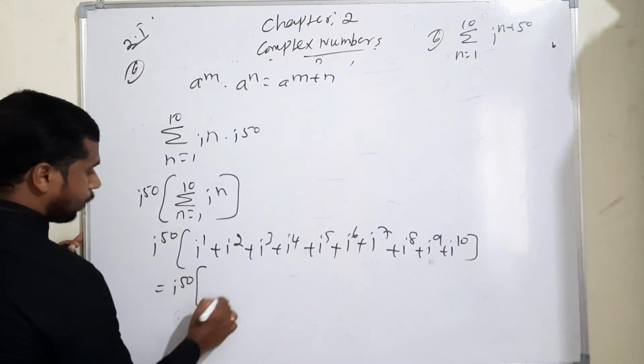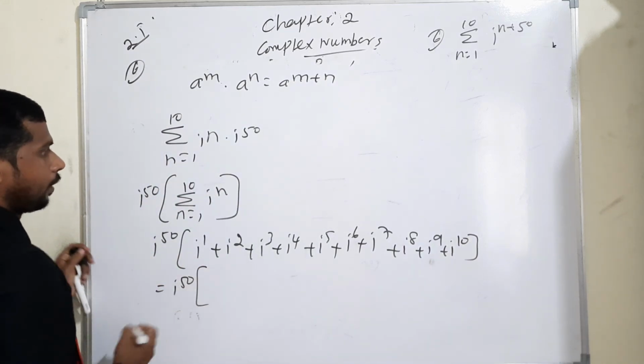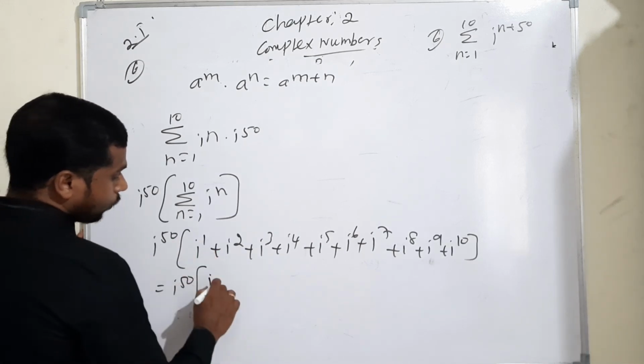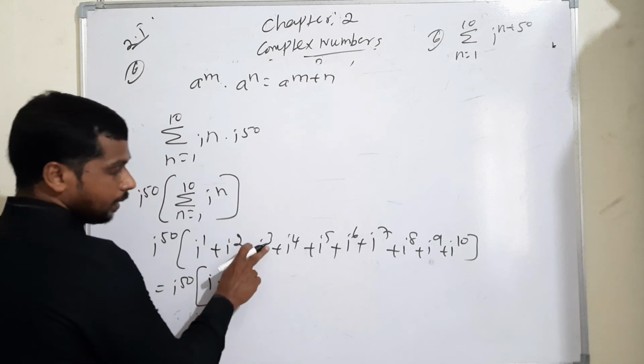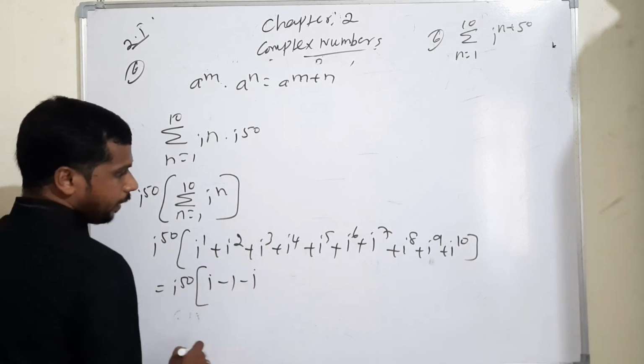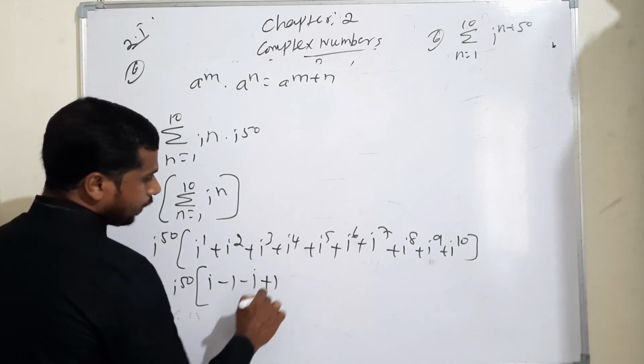Again, I power 50 common outside. First 4 we already know. I power 1 means I, I square means minus 1, next I cube means minus I. I power 4 means automatically plus 1.